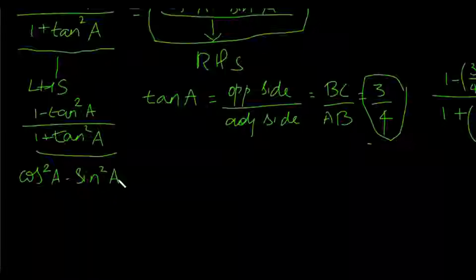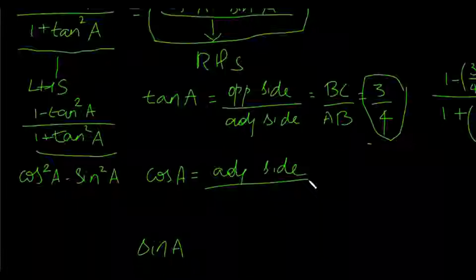Let's do this similarly as we did above. You have to find each term's value, that is cos A and sin A. So cos A is equal to the adjacent side divided by the hypotenuse side, which is the trigonometric ratio for cos.